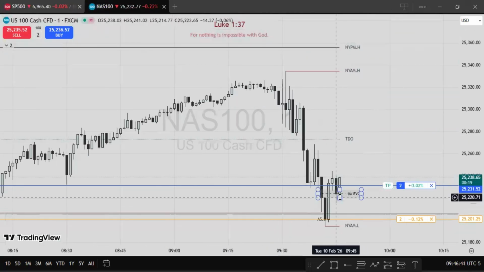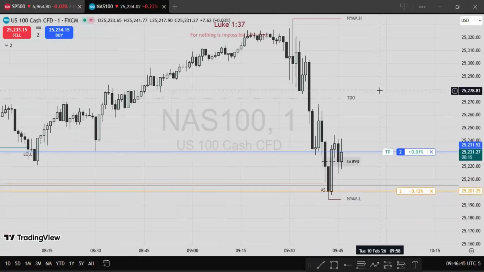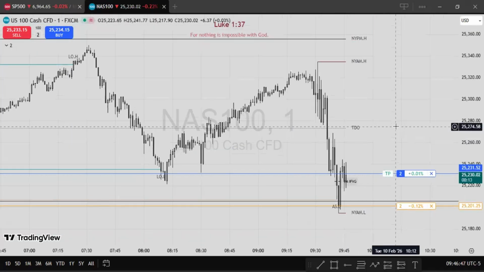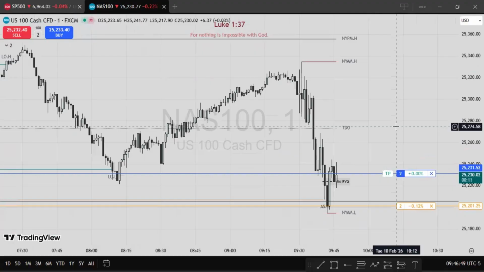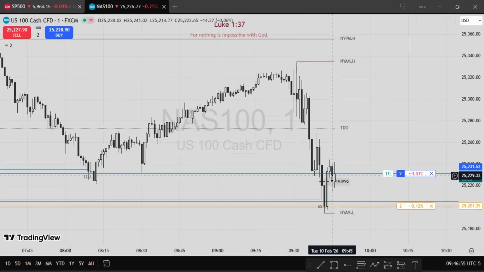I like how we rejected off of CE of that. If we get a strong closure above this, I'm gonna add another one, or at least two candles to close above this.